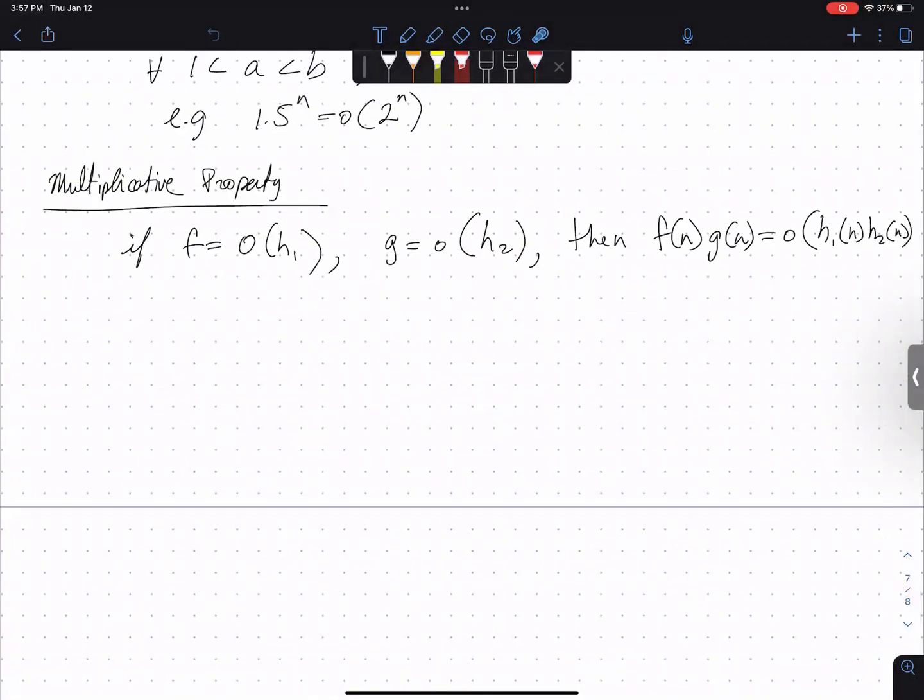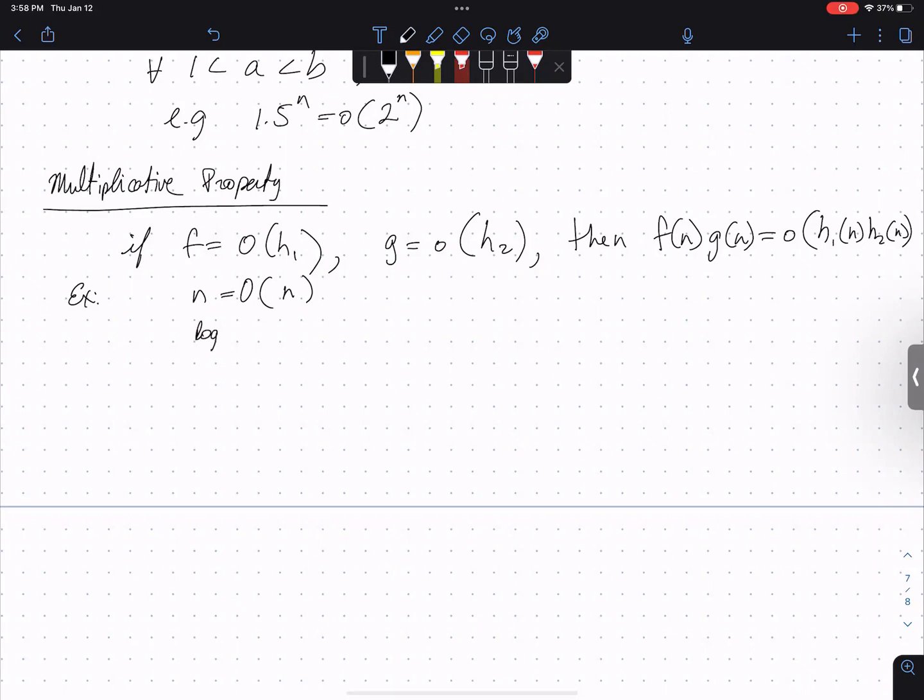So n is big O of n. That's just reflexivity. That's why we needed this kind of property, just to be able to make statements like this.